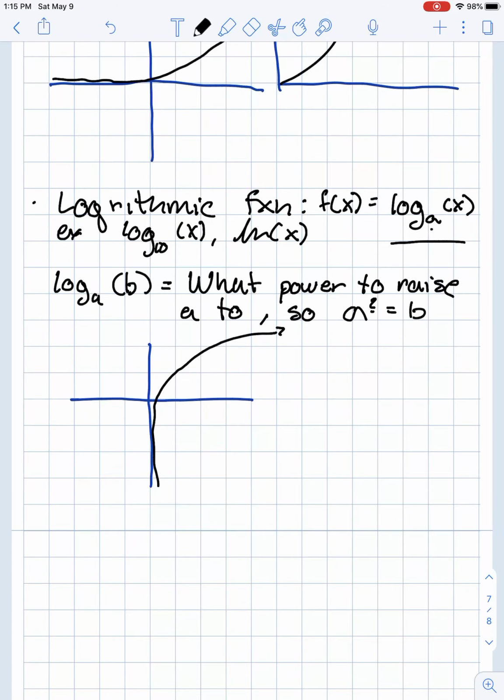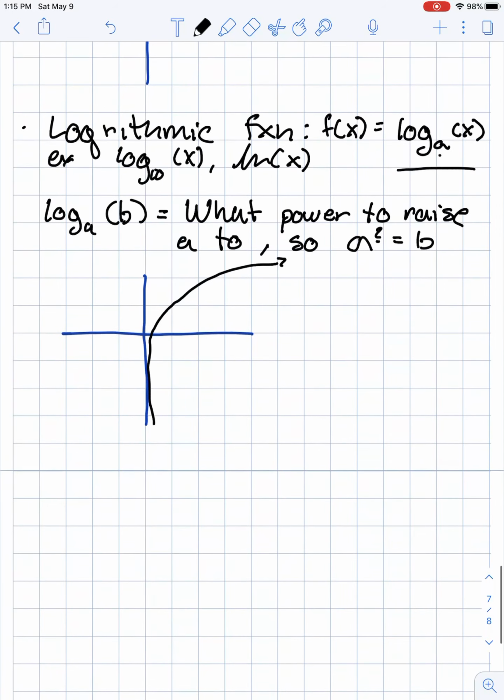And they go off forever. So those are logarithmic functions. I can't plug in a negative number right here. Why? Remember, like x squared? Wait, what am I trying to say?